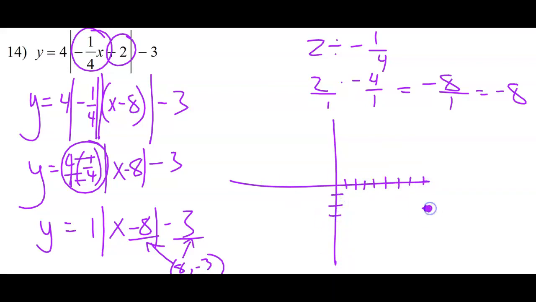Right there's my vertex. My slope is 1, so that means I'm going to rise 1, and I'm going to run left and right 1. So going up 1, running one to the right, running one to the left. We'll put a dot there, and there's my absolute value graph of that particular function. All right. Let's go ahead and take a look at number 16.